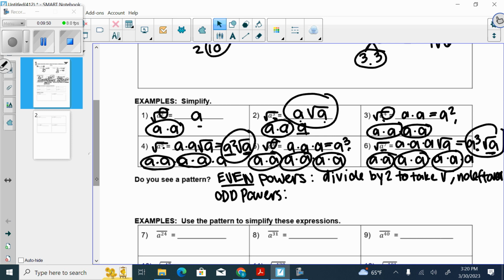Good. All right, so first we will subtract our 1 left over. So subtract 1, then divide by 2, and you'll put your leftover inside the square root, right?